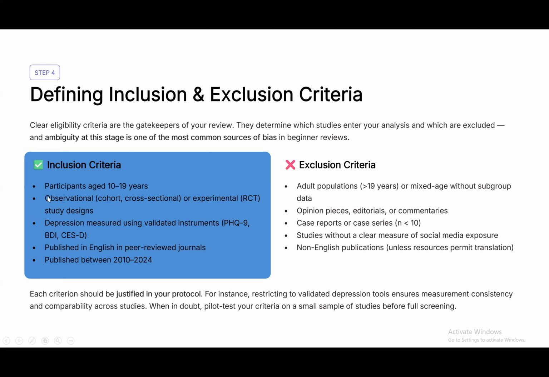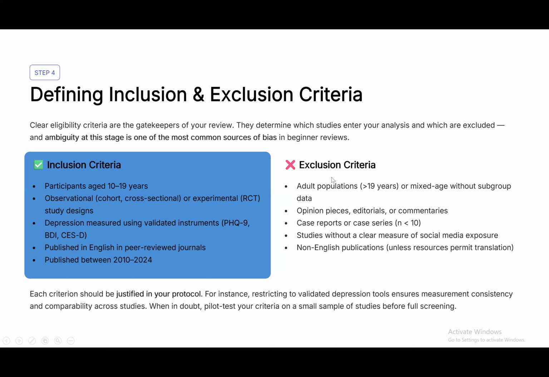Then you're looking for observational study designs. You're looking for people who are talking about depression. You're looking for a girl that speaks English. You don't want somebody born beyond maybe 2000, so that's going to be 2002 and beyond. I feel like that's quite old and that's out, not your spec.